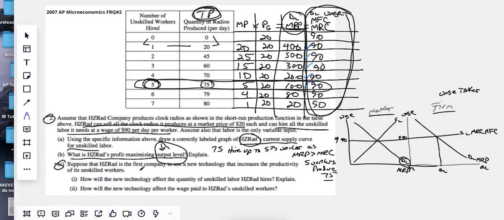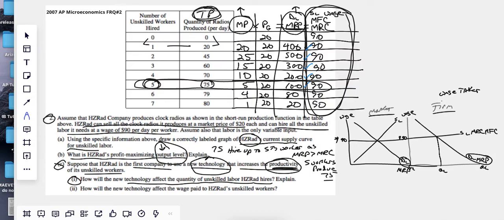C, suppose that Hazard is the first company to use new technology that increases the productivity of its unskilled workers. How will the new technology affect the quantity of unskilled labor hired by Hazard? So you have to understand that technology means workers are more productive. That means your marginal product up here for each worker would increase. If marginal product goes up, marginal revenue product has to go up. Now remember, it's saying that this is the first company to have this new technology.